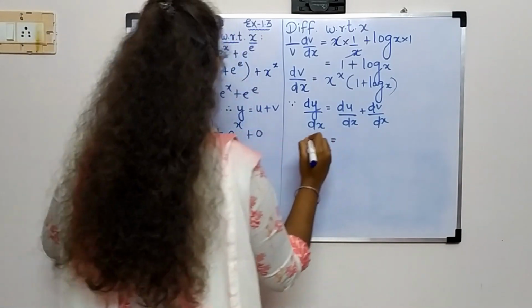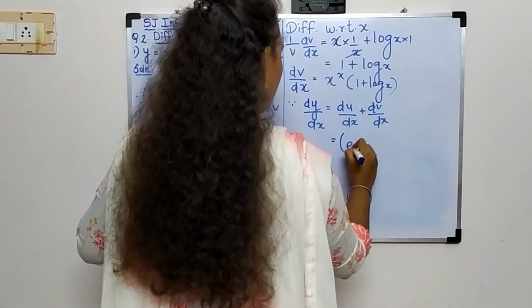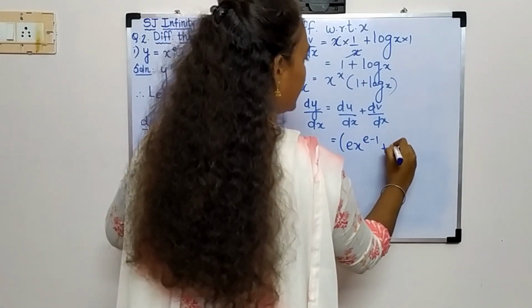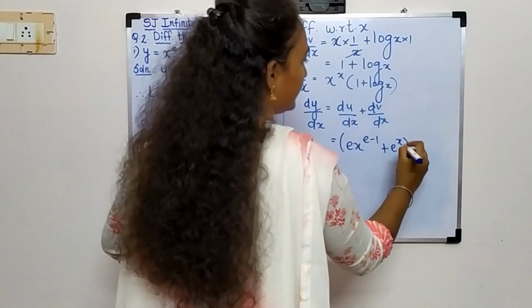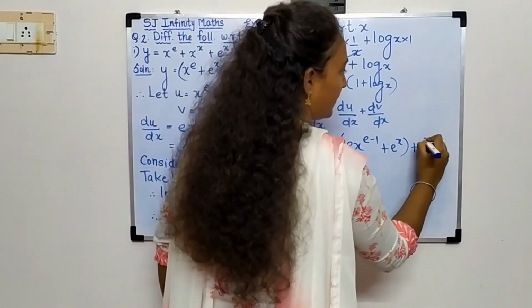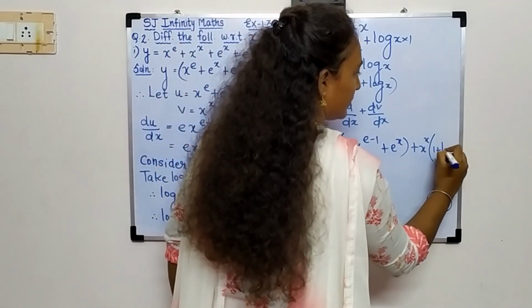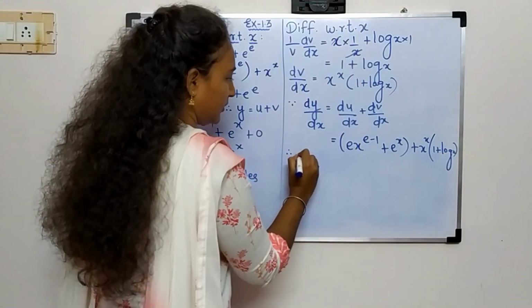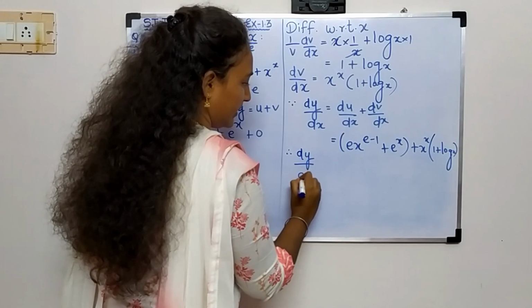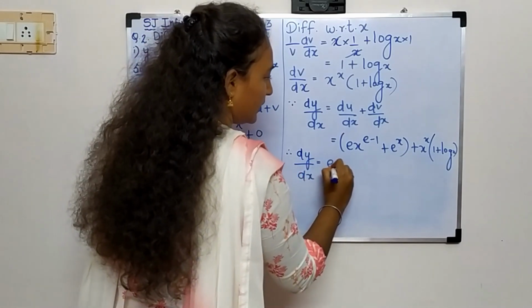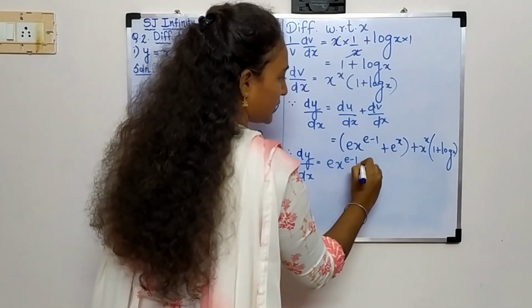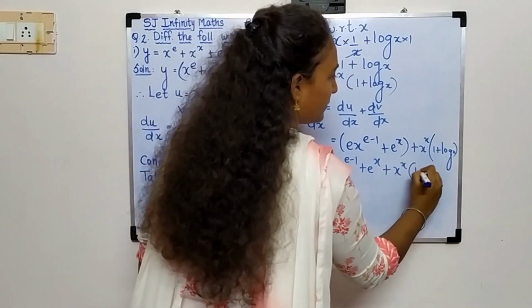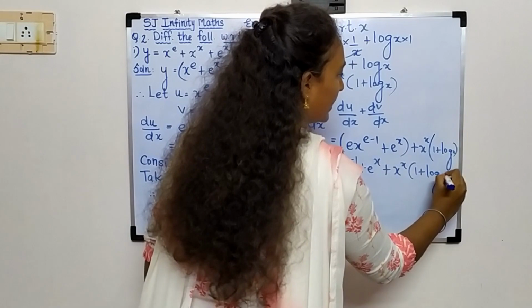So dy by dx is equal to e into x raised to e minus 1 plus e power x plus x raised to x into 1 plus log x.